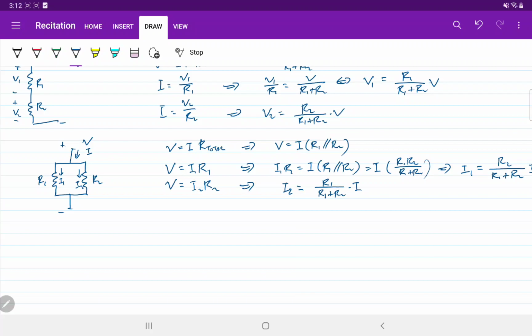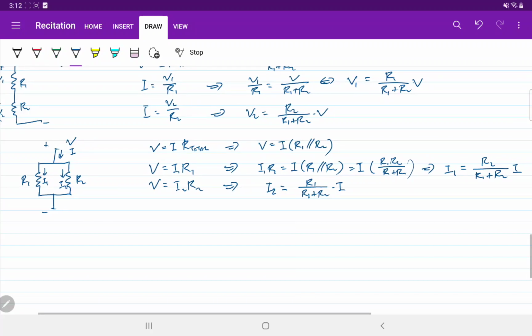Greater resistance equals less current, because that's the definition of resistance. You have more resistance, the current will be less. The lower the resistance, you have more current flowing. So if R1 is greater than R2, then the current on R2 must be bigger than R1.